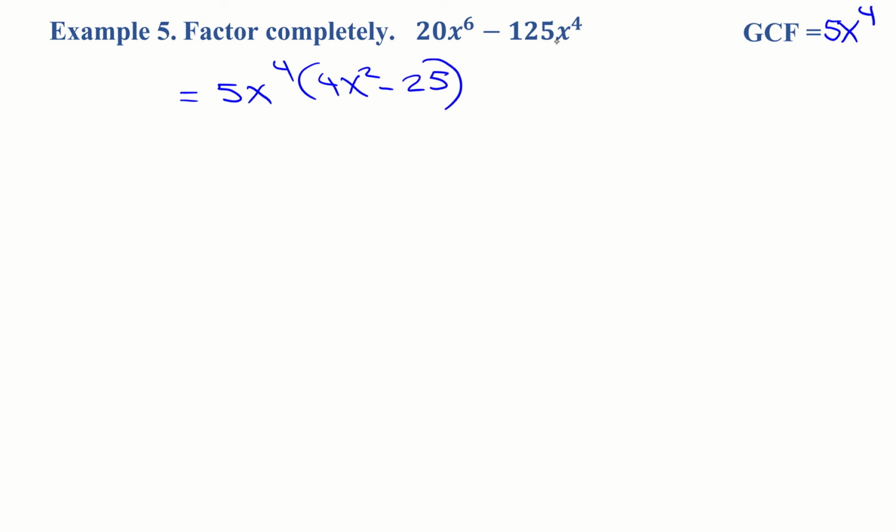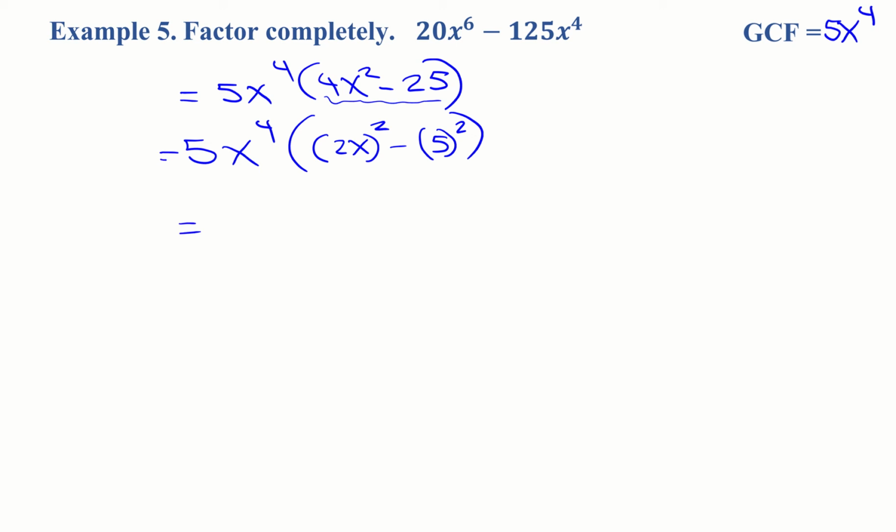So after we factored out the GCF, we notice we do have a difference of squares. We can always write that as the square of 2x minus the square of 5.